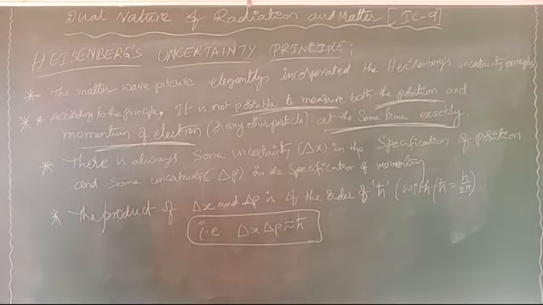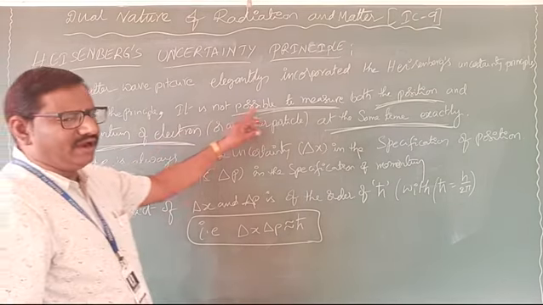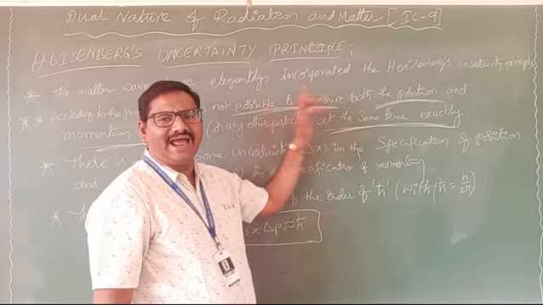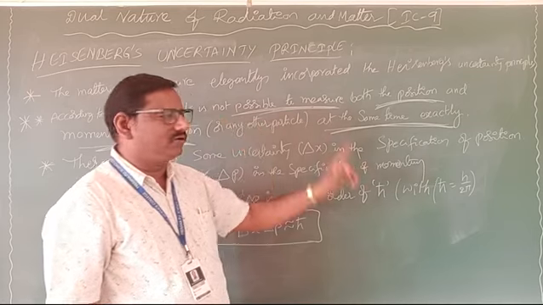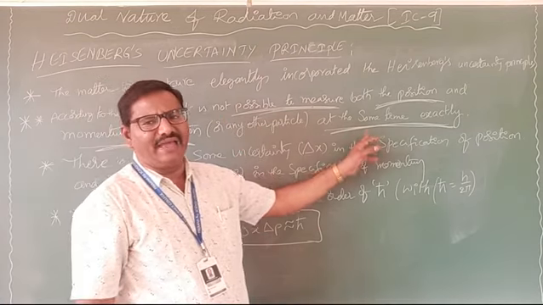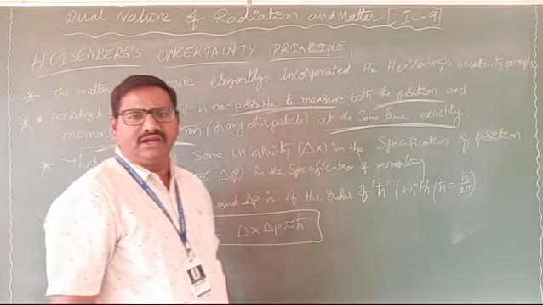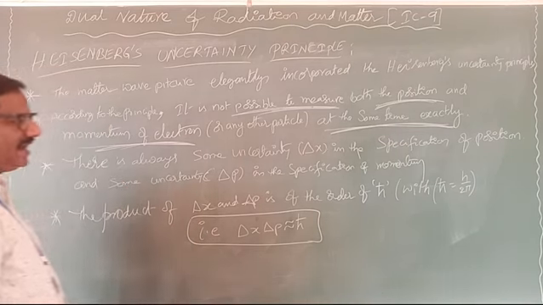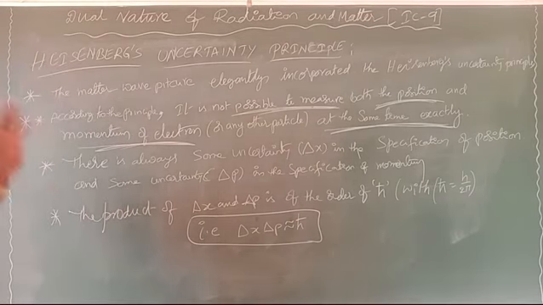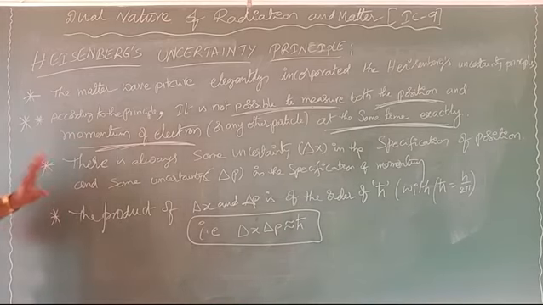It is not possible to measure both position and momentum of an electron at the same time exactly. This is Heisenberg's uncertainty principle.